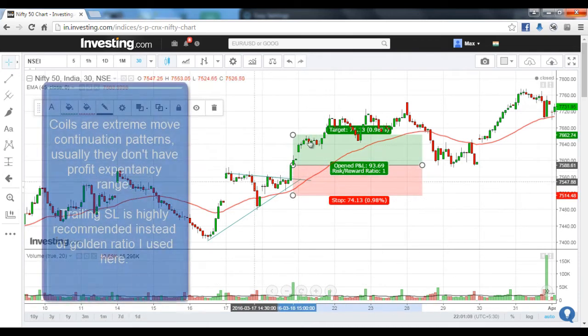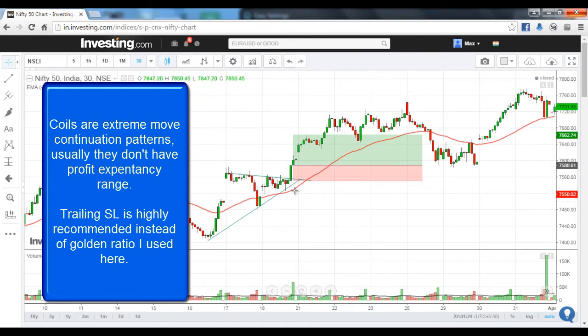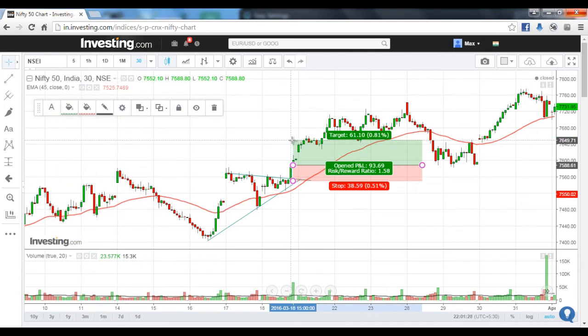After the break, the height of this candle will be our risk, and we will take like 1.5 profit on this candle. So here your risk will be 38 and your profit would be 57.